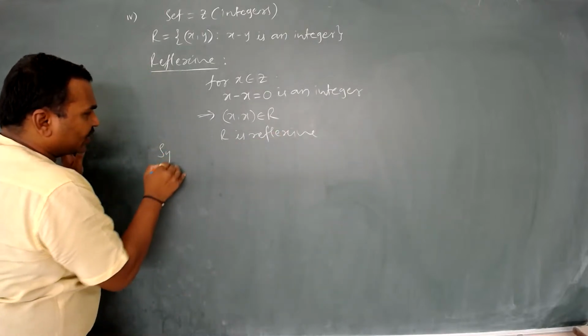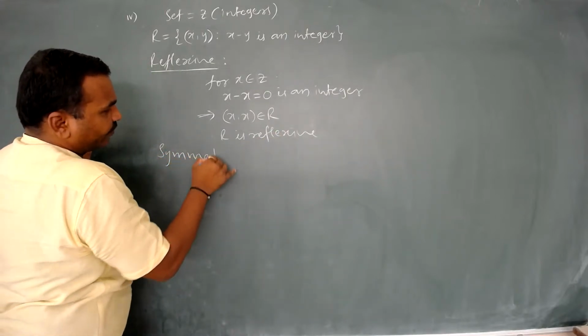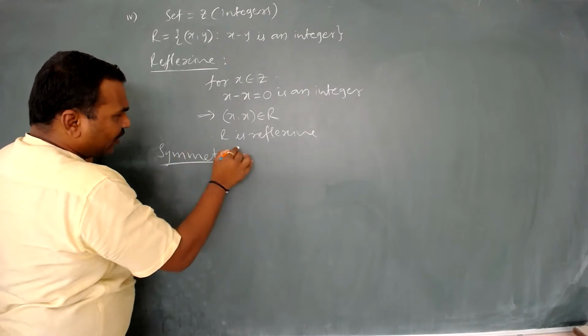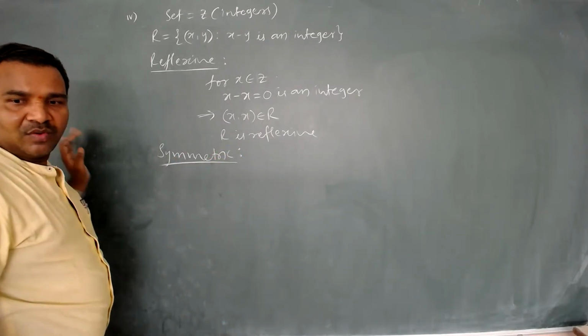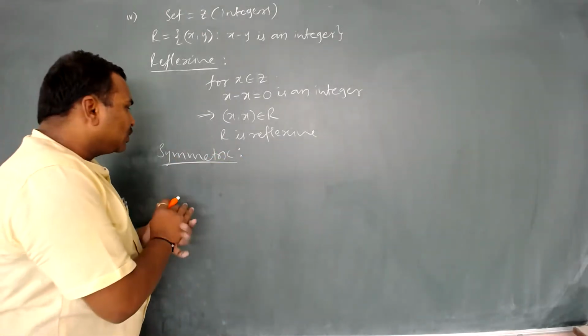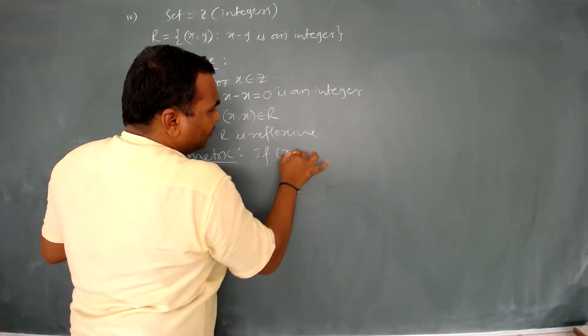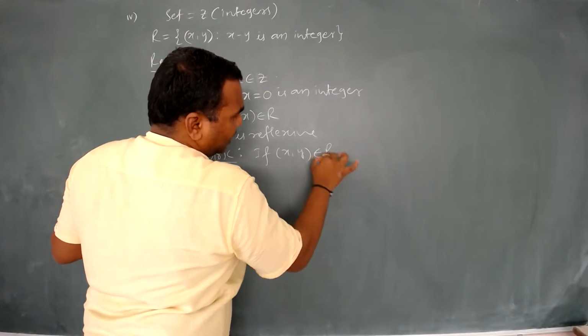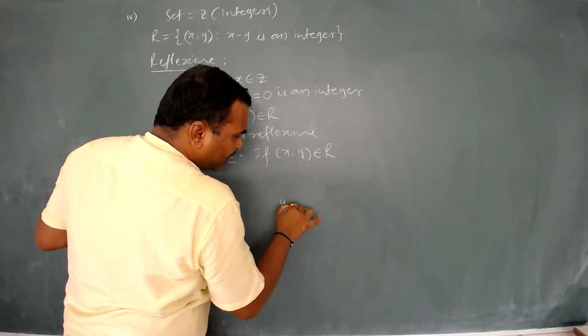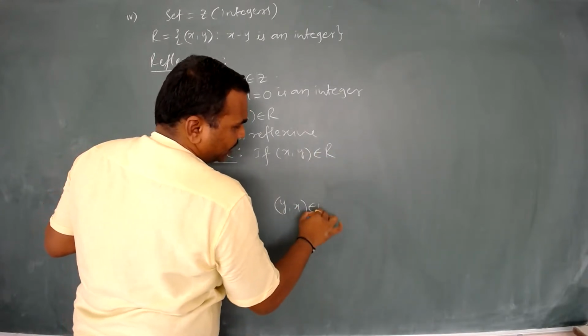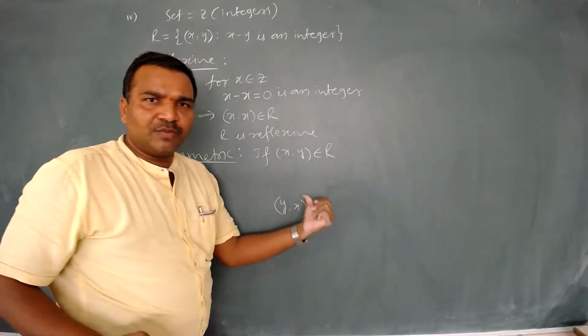Next, go for symmetric. Is it symmetric or not? We have to check. So, what is symmetric? If x comma y belongs to R, we have to prove y comma x belongs to R. If you take a, b, then we have to prove b, a.